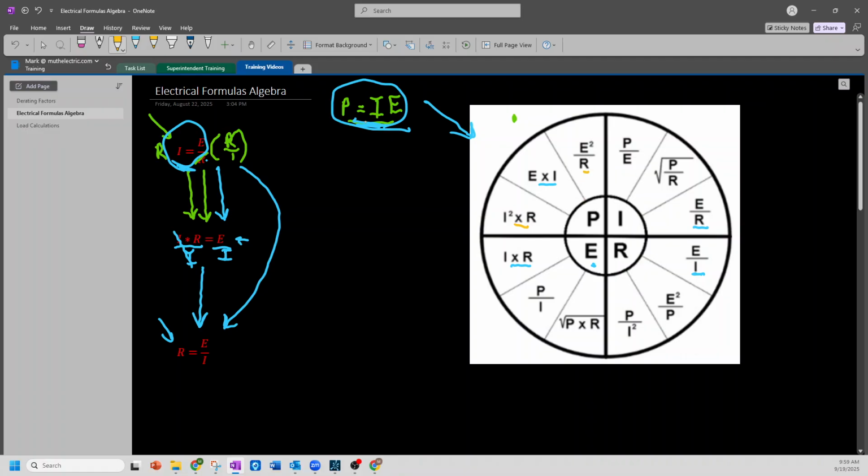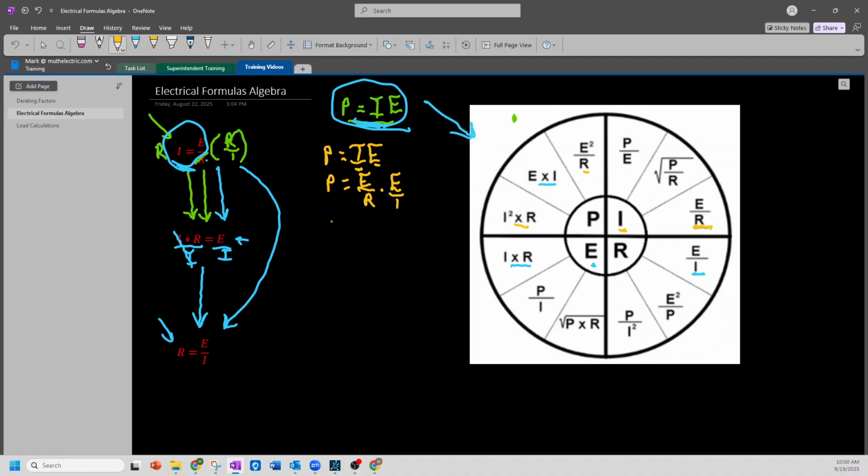Okay? We're going to use P equals IE. Now, I'm going to do some substitution. I already know what I is. I from over here is equal to E over R. So I'm going to replace the I. Power equals, I'm going to replace the I with E over R times this E. And I'm going to put it over 1 to show that it's in the numerator, not the denominator.